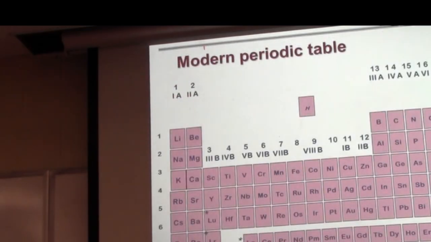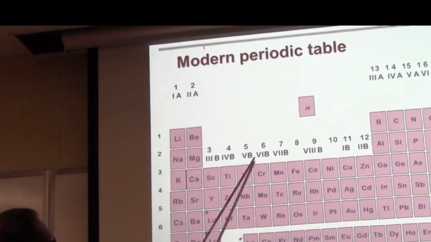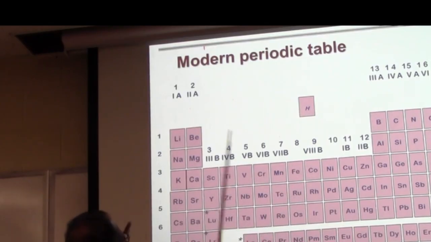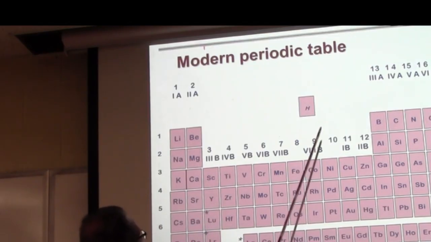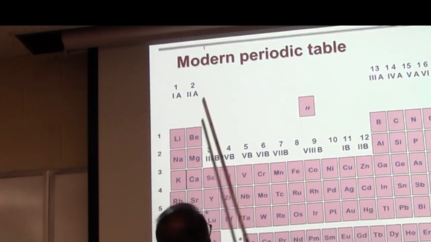Periods are horizontal rows. Groups are vertical columns. All right. Now look at this one. Now this is the remnant of still group 8. So that's group 1A, group 2A, group 3A, 3B, these are B's. Do you notice the pattern?